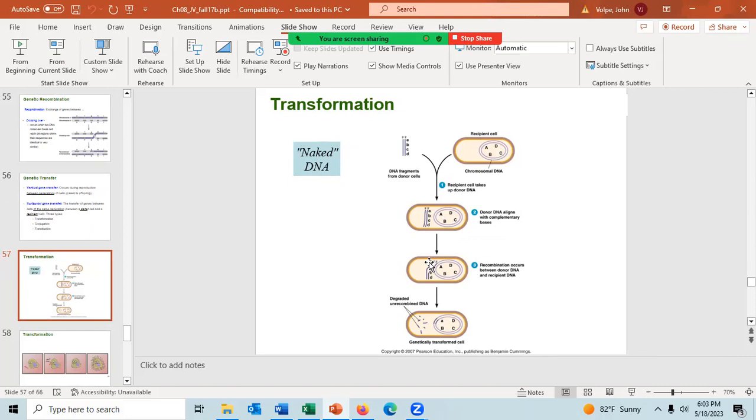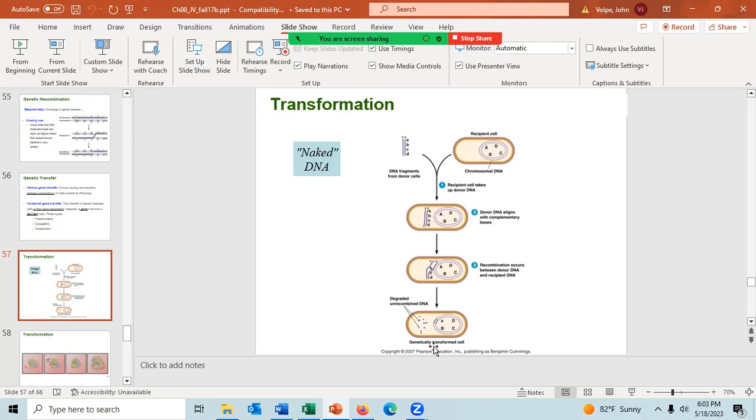The DNA can then exchange and become a part of the chromosome, where this lowercase a gene now is incorporated by this cell that never had a lowercase a gene, and then is expressed by this cell.